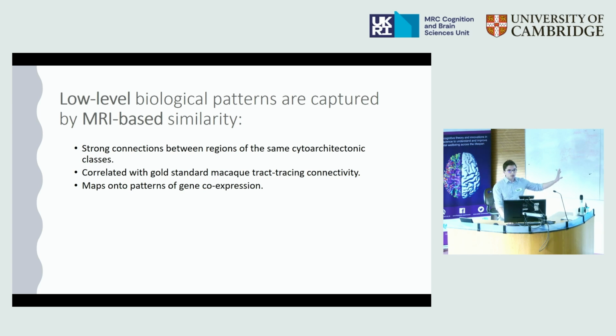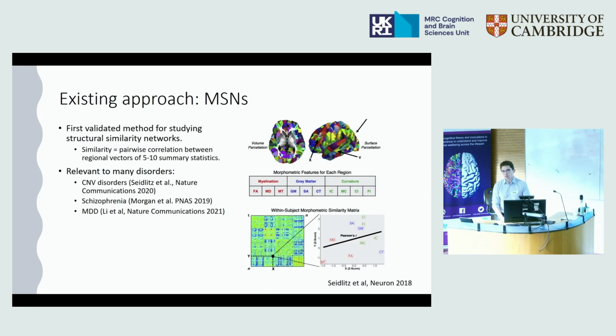This is all background work, and it came from a paper that many of you might be familiar with, morphometric similarity networks. This came out of Cambridge in 2018, and it is the first method for really validating and understanding structural similarity networks. Their approach was quite simple.